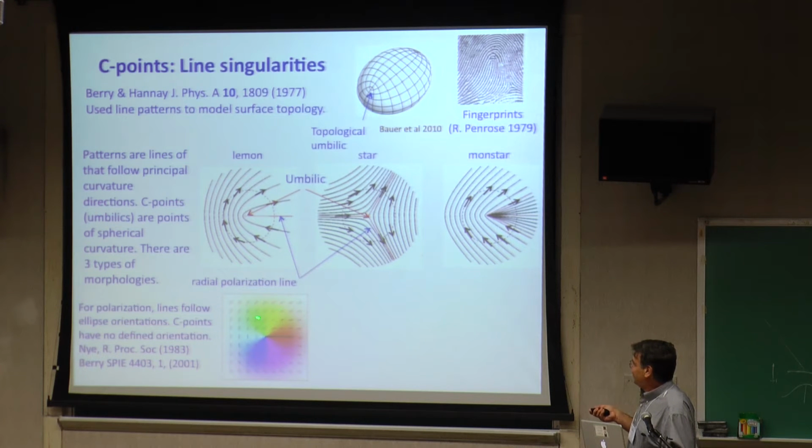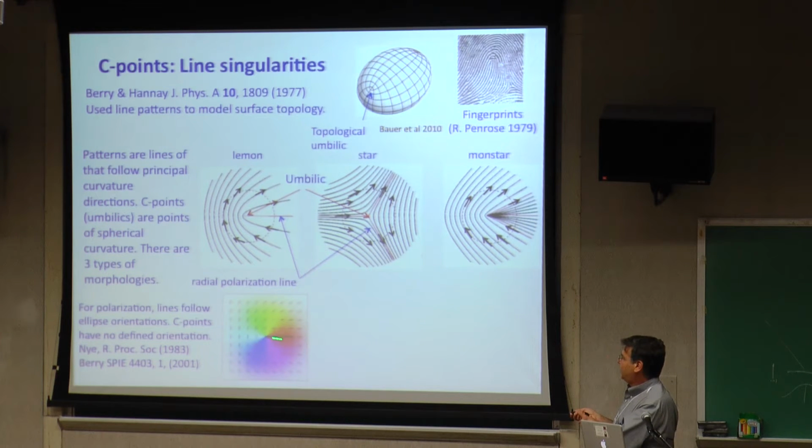And for polarization, you can have, this might not be seen from far away, little ellipses drawn here, and you can find these lines going along the directions of the semi-major axes of the ellipses. So you have a lemon pattern here. And now, just to visualize that pattern, we have this false color.